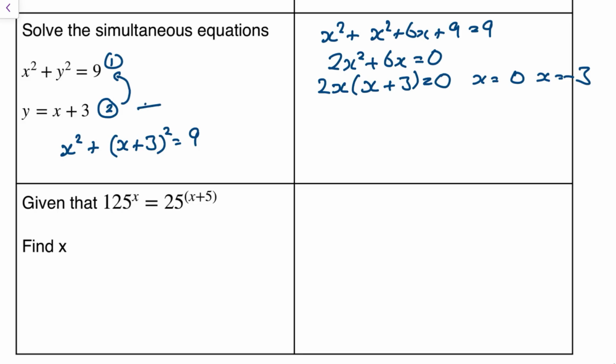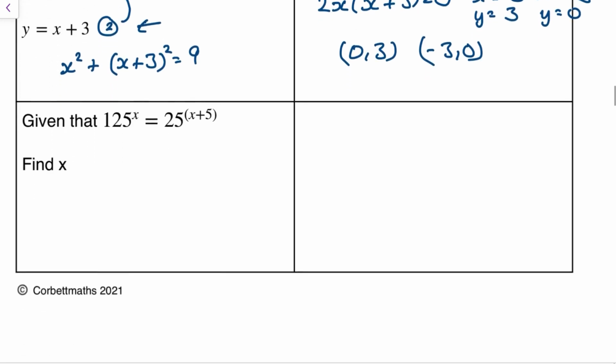Now I'm going to use equation 2 to work out my y value. If x equals 0, then y equals 0 plus 3, so y equals 3. If x equals minus 3, then minus 3 plus 3 is 0, which means the answer to my question is 0, 3 or minus 3, 0. Nice straightforward question, that one. I like that question. Well done if you got that.